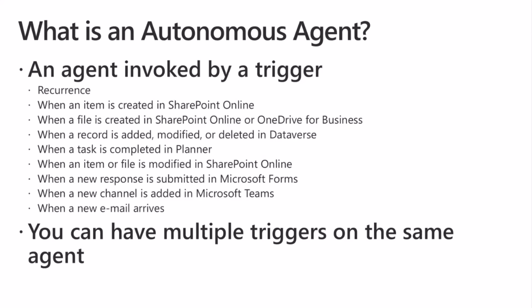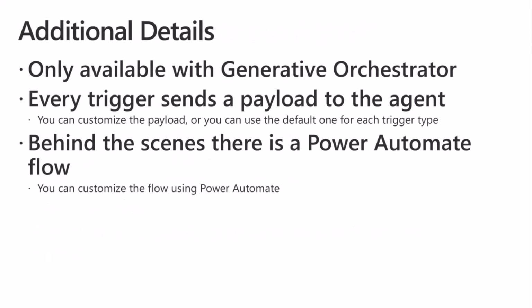You can even have multiple triggers on the same agent if you want to have a really smart agent reacting to multiple different event triggers. So when you work with autonomous agents, first of all you need to have the generative orchestrator enabled. Nowadays, it is enabled by default, but just in case, always double check that it is enabled in your agent.